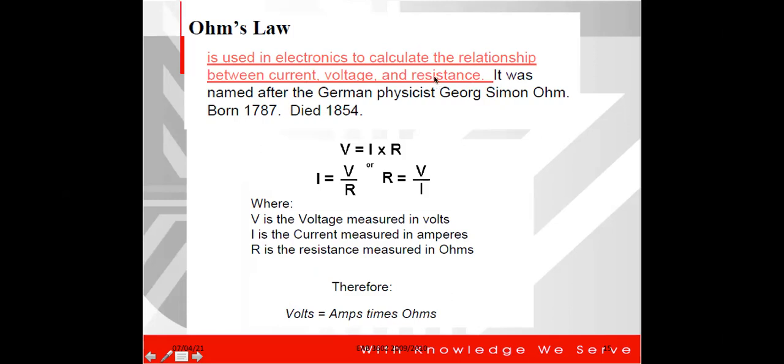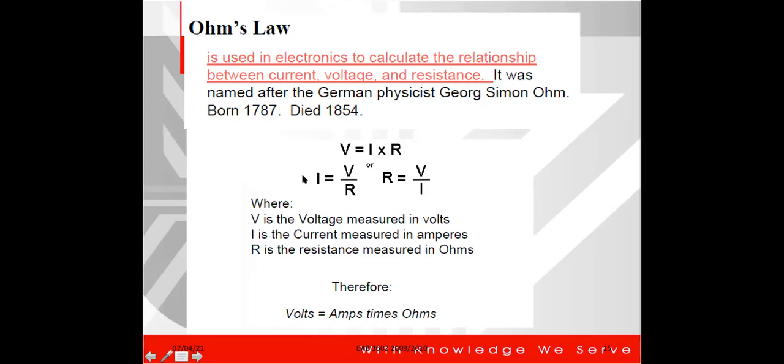Resistance is anything that slows down the flow of the current. That is resistance, which prevents the current flow. So you have to remember the definitions of current, voltage, and resistance.